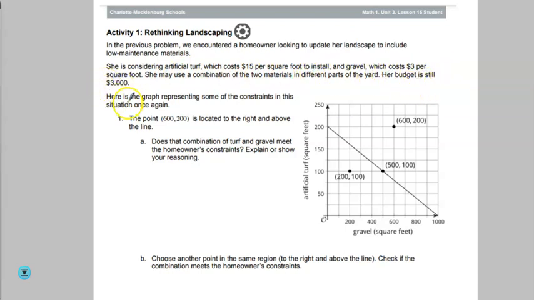And she has a budget of $3,000. Here is a graph representing some of the constraints. So this is the same graph we just did. Like I said, it shows those intercepts that I used, the 200 and the 1,000, right? And everything in between, and it shows that one point we got.